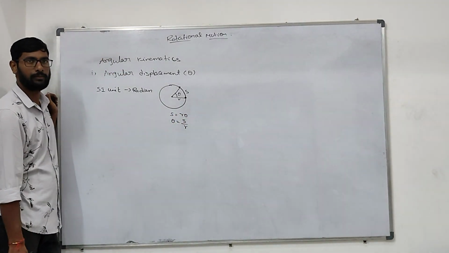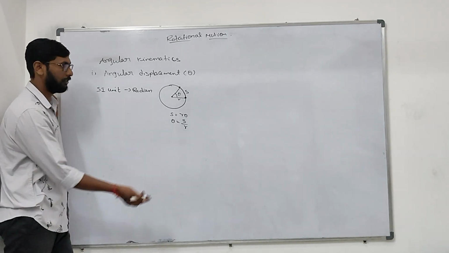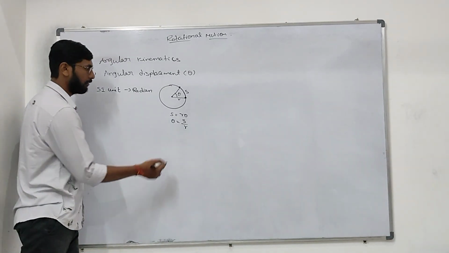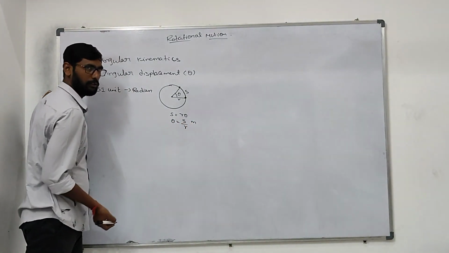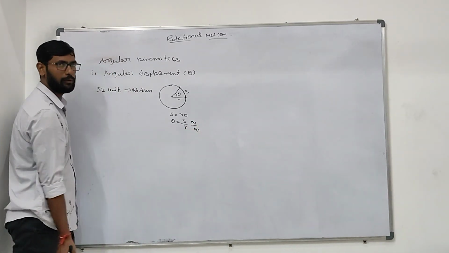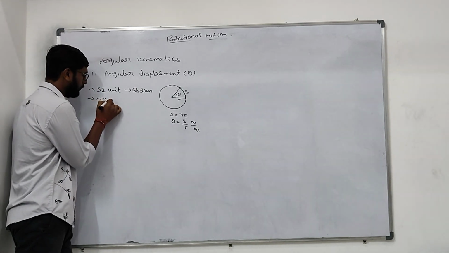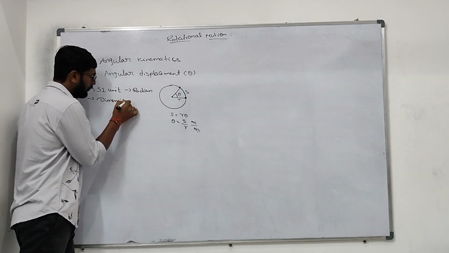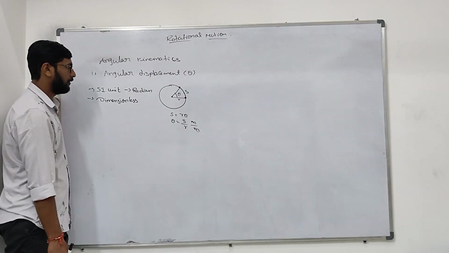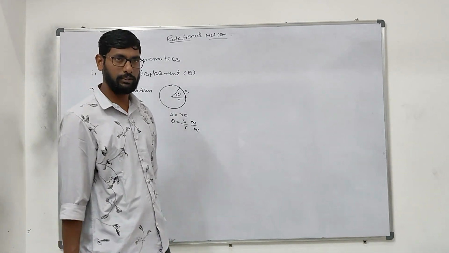S is the distance traveled by the body. r is the radius, also a length. So the unit of S is the unit of length, and the unit of radius is also the unit of length. So it is the ratio between the same quantities, and that's why it is a dimensionless quantity, right? Radian is a unit, but generally angle is measured in degrees.